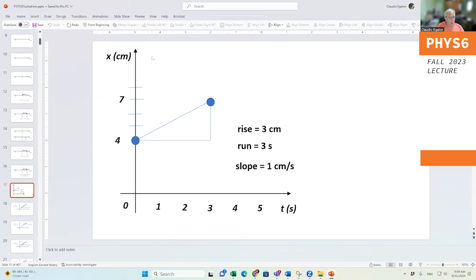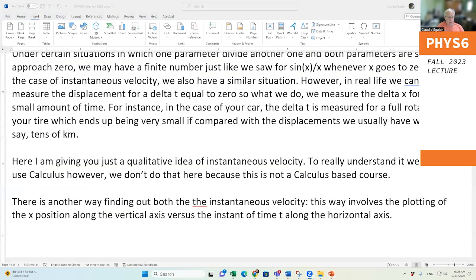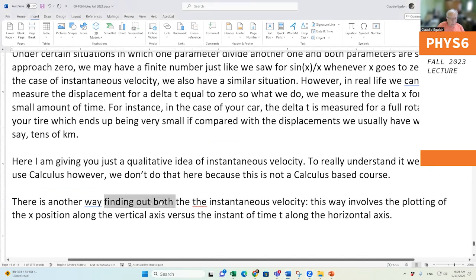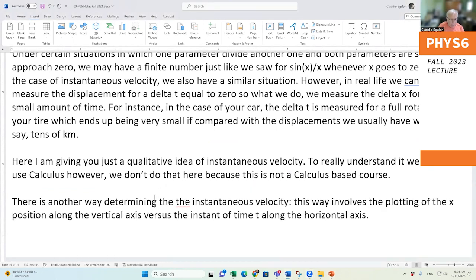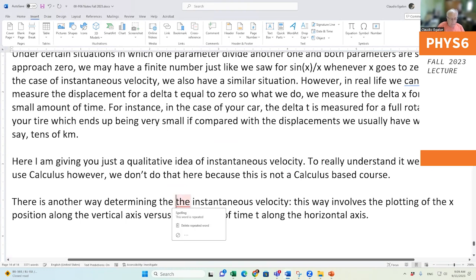Well, let me just repeat what I said. There's another way of determining the average velocity and the instantaneous velocity. That's what I was going to correct here.